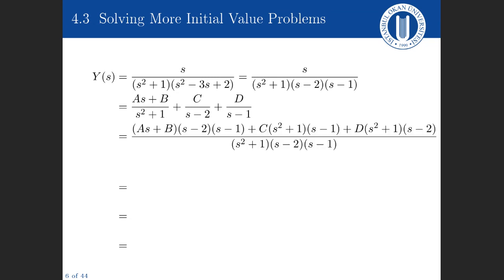Multiply this all through to put this over the same denominator. I'll leave this for you to check, and then find a, b, c, and d. I'll just tell you the answers; I'll leave this for you to double check. I think that we must have a is 1 over 10, b is minus 3 over 10, c is 2 over 5, and d is minus a half.